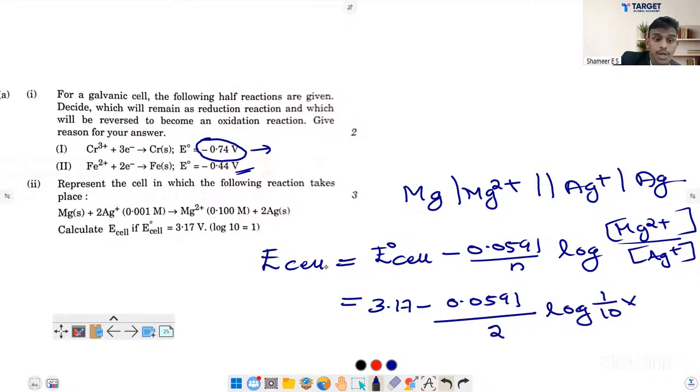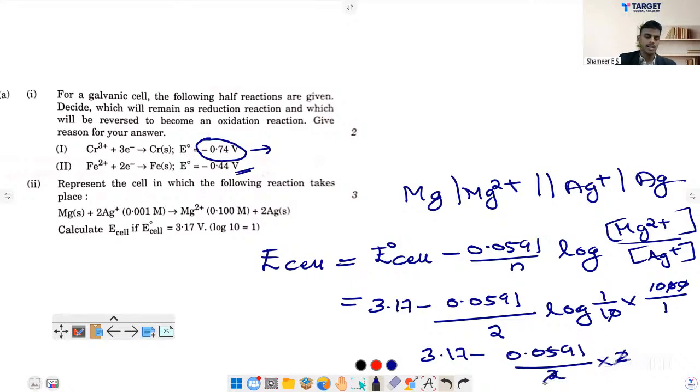So 1000 by 10, sorry, 1000 by 1, you will get 2. So 3.17 minus 0.0591 by 2 into 2. The 2 and 2 will cancel. So your answer will be 3.17 minus 0.00591. Easy.